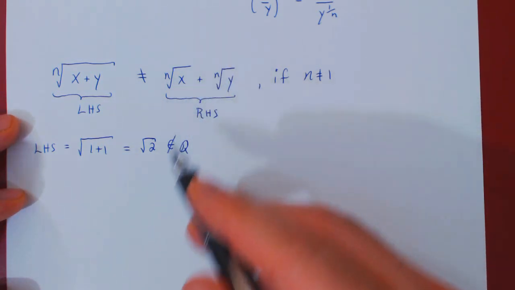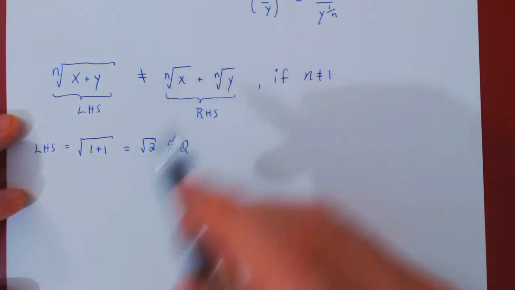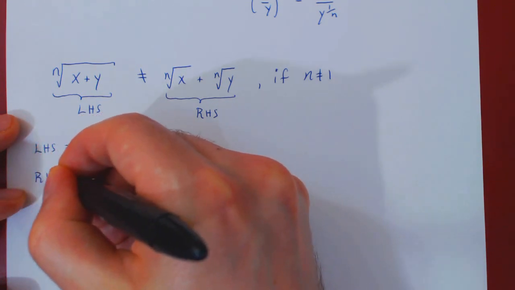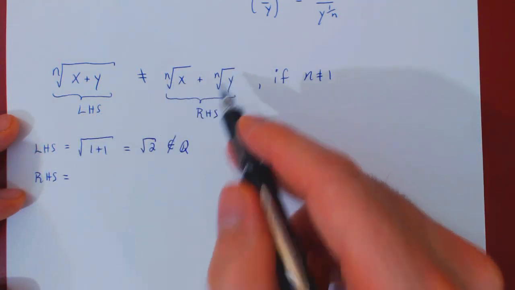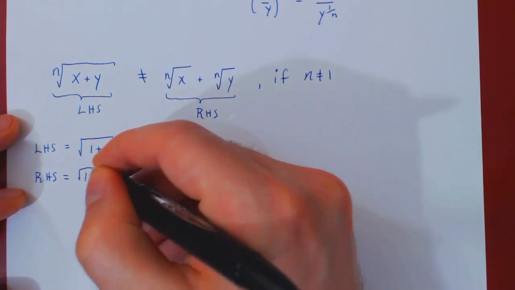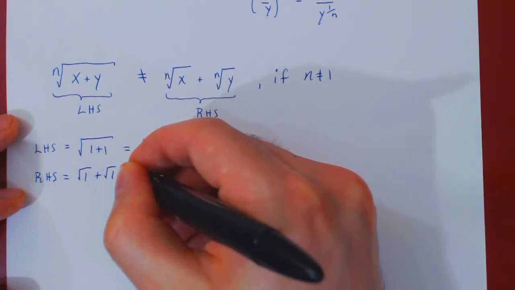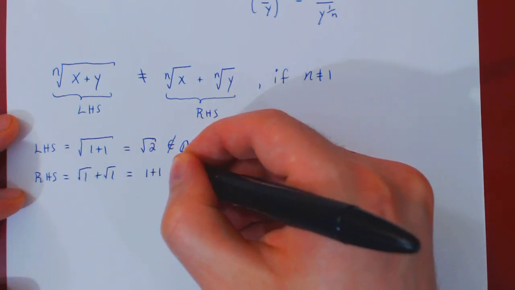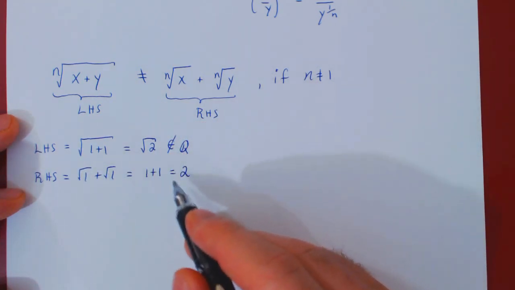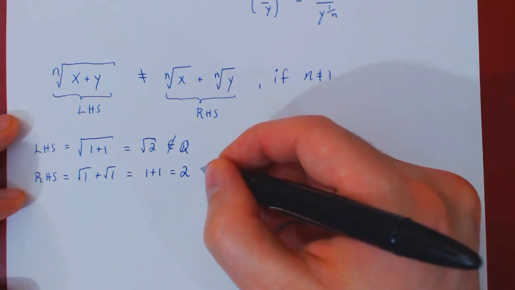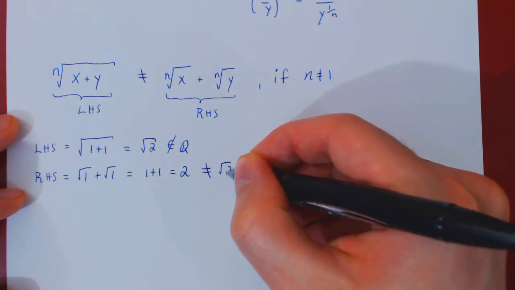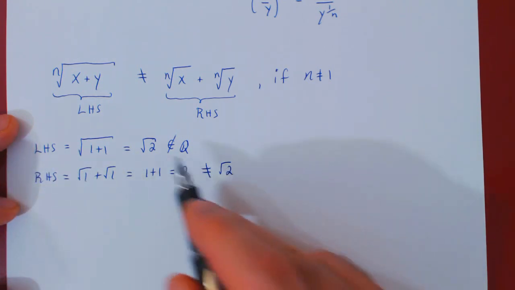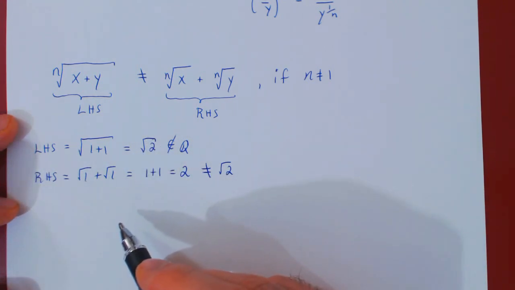What about the right-hand side, if n is 2 and x and y are both 1? Then we have the square root of 1 plus the square root of 1. But the square root of 1 is 1, so what we have is 1 plus 1, which is 2, which clearly is not the same as the square root of 2. So the right-hand side is clearly different from the left-hand side.